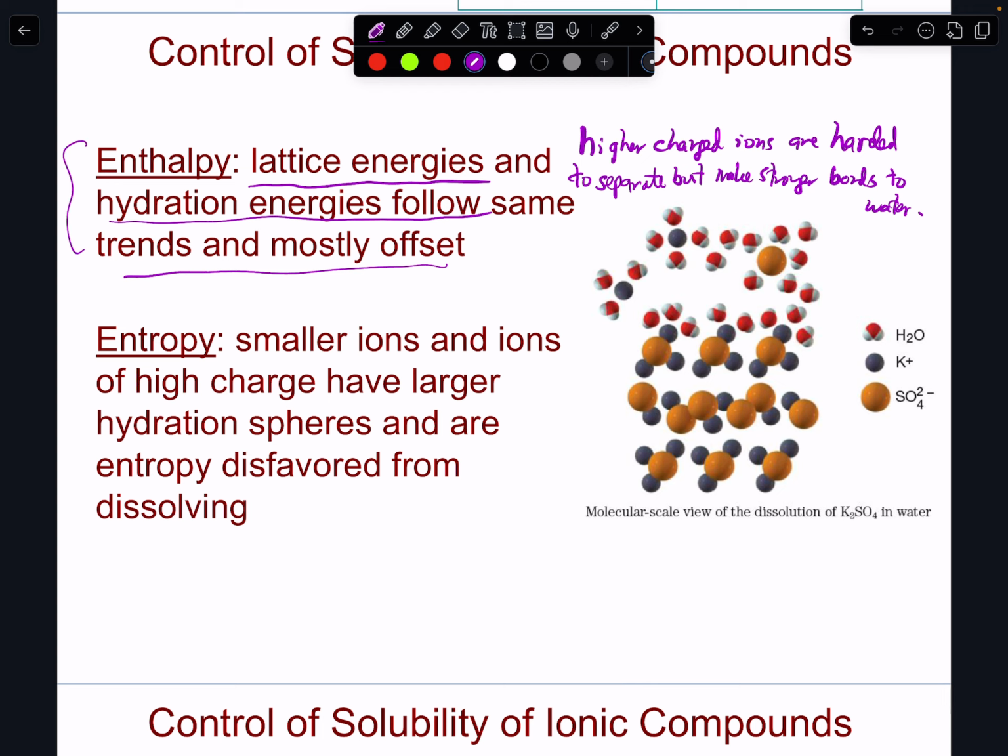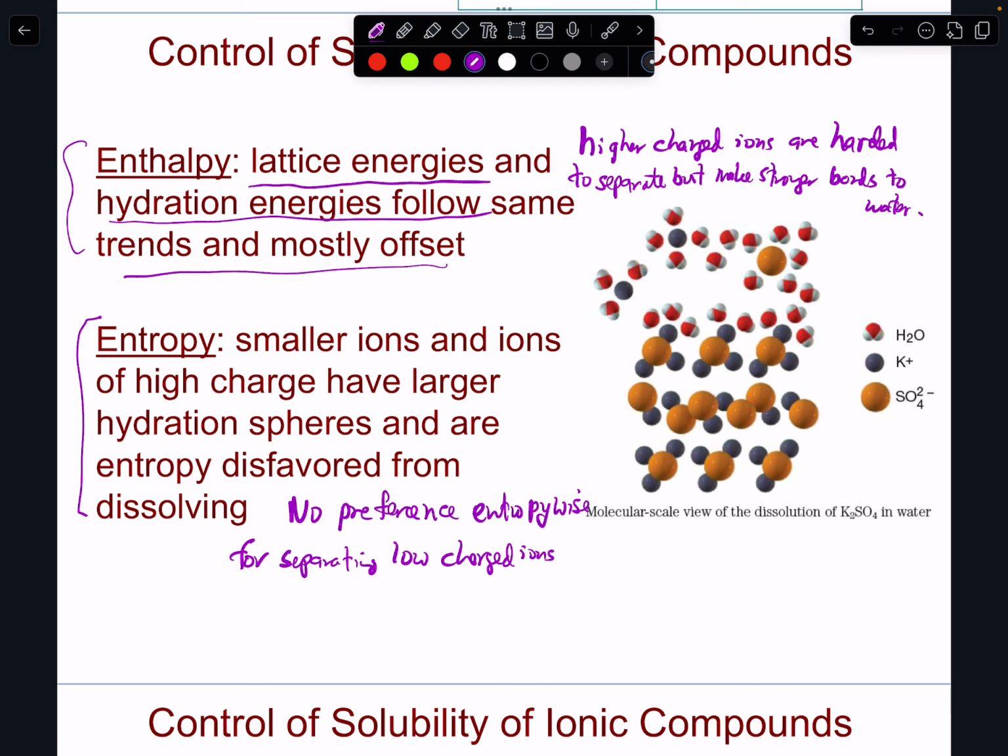So those largely offset. On the other hand, when ions break apart and the ions go free, there's no change, no preference entropy-wise for separating low charged ions versus high charged ions.